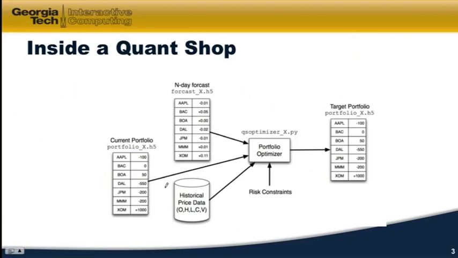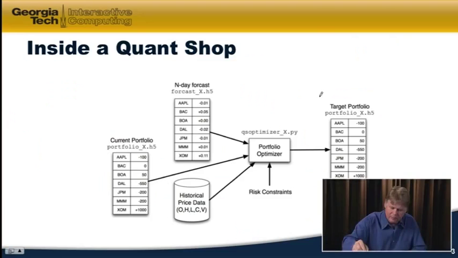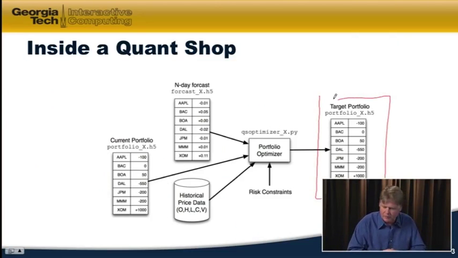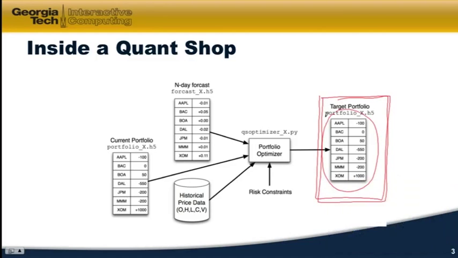Let's move back a step. Where do we get this target portfolio in the first place? Well, of course, it depends. It depends on the hedge fund or the investment bank exactly where they get their intuition or knowledge about which way a stock is going to go.